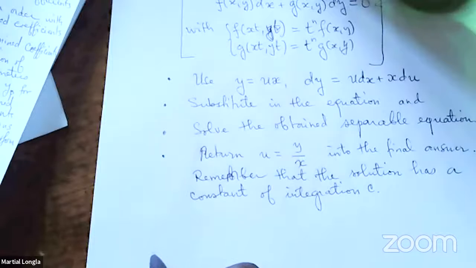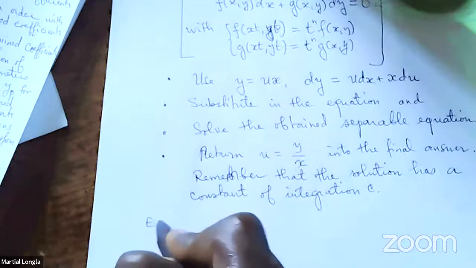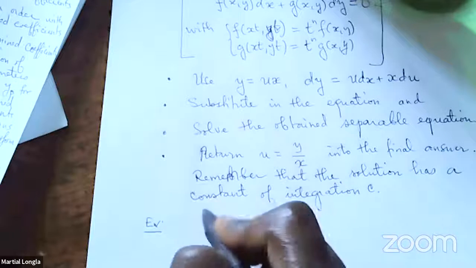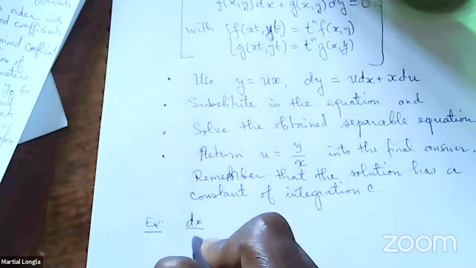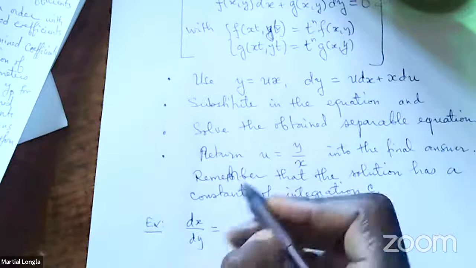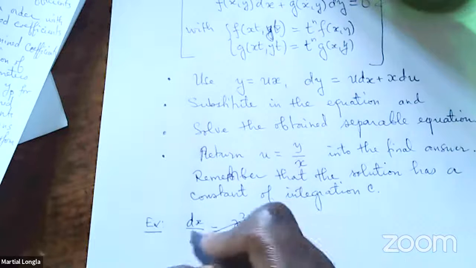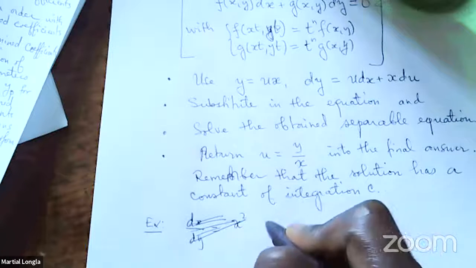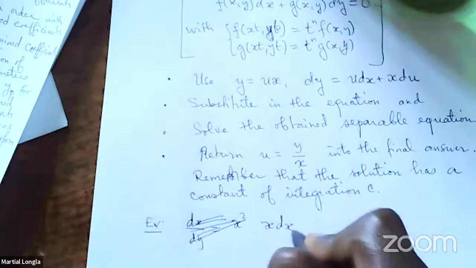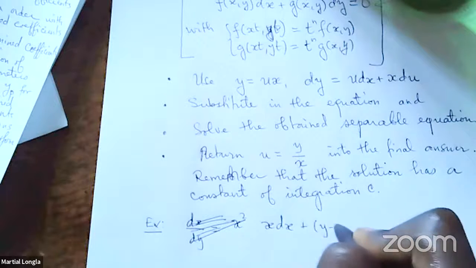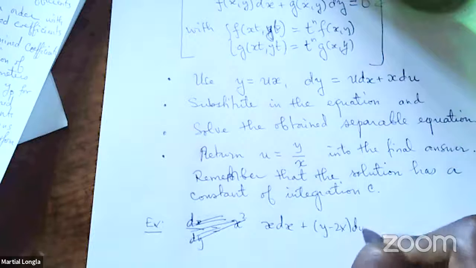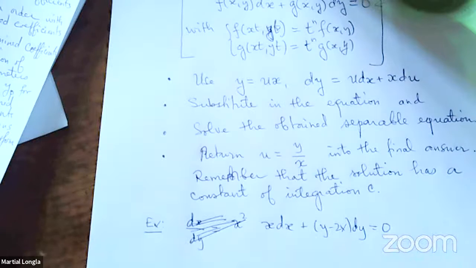Example. Let me change this problem. Let's say x dx plus y minus 2x dy equals 0, for example.